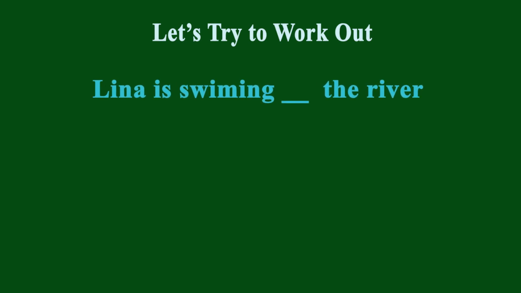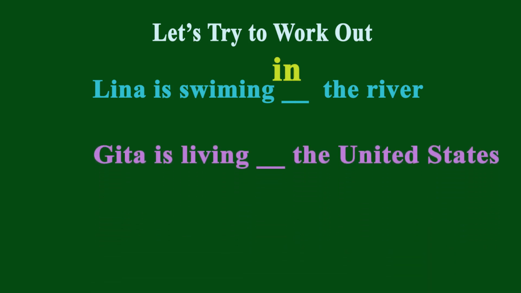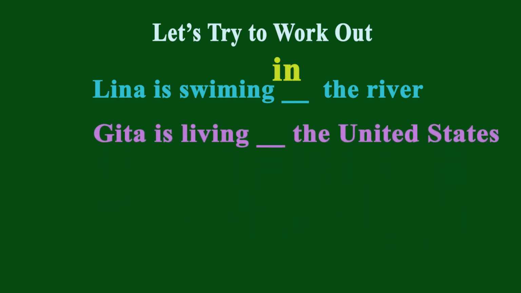Let's try to work out some exercises to clear all our doubts. Lina is swimming, that's the river. So Lina is inside something. So we will say Lina is swimming in the water. Geeta is living dash the United States.